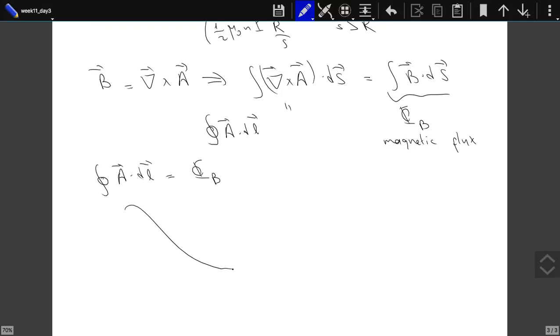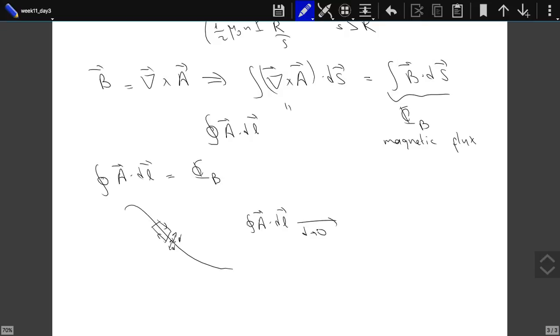Now let's consider any boundary. It can be some physical boundary, some hypothetical mathematical boundary, etc. And let's consider my integral of A dot dl across this loop. Let's say this is the height d. In the limit as d goes to 0, you see the flux is magnetic field times the area.